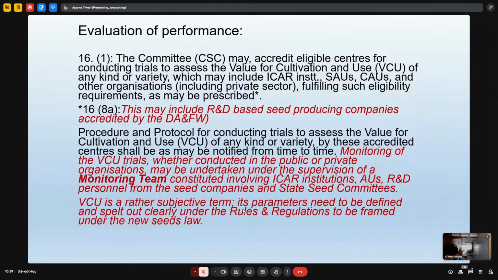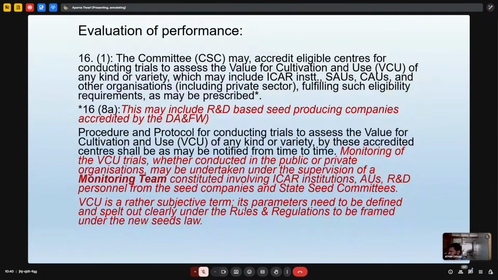There we may propose constituting a monitoring team that will include experts from ICAR institutions, agriculture universities, R&D personnel from the seed companies, and state seed committees. So let the trial be conducted anywhere, whether in the public sector or private sector, and a common monitoring team, as we do in case of breeder seed production, can do the monitoring so that no one has this feeling that there is any kind of bias.